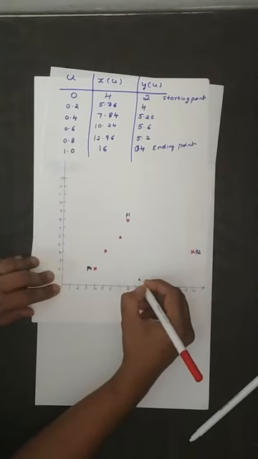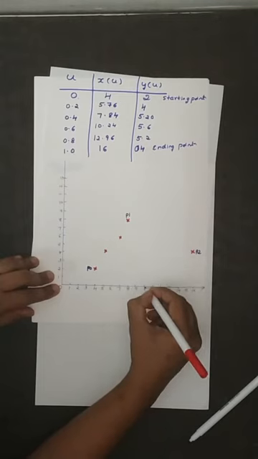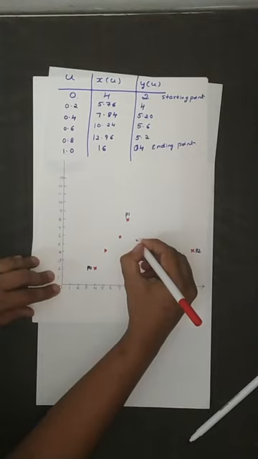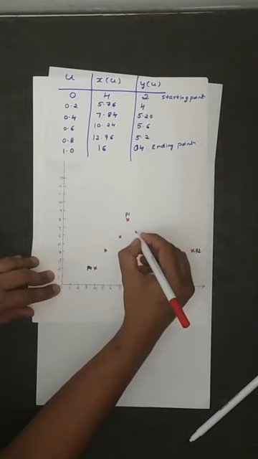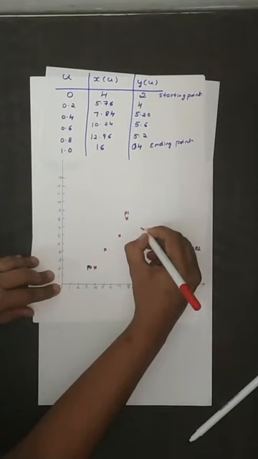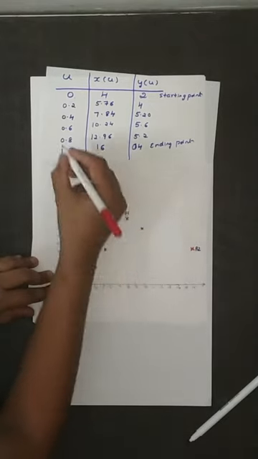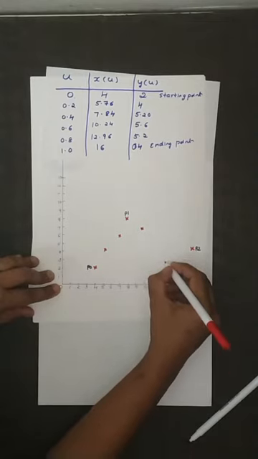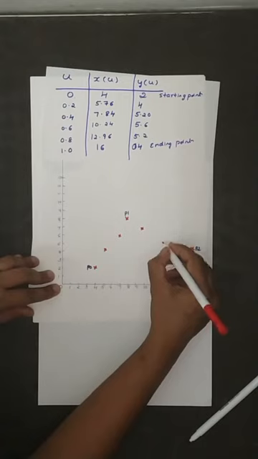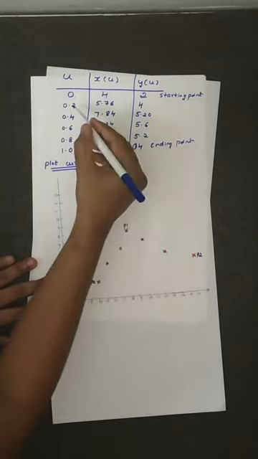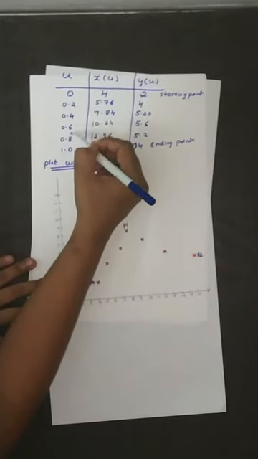Then for 0.6, 10.24, 5.6. Then for 0.8, 12.96. So these are the points. The points are in between 0 and 1. I considered 1, 2, 3, 4 points.